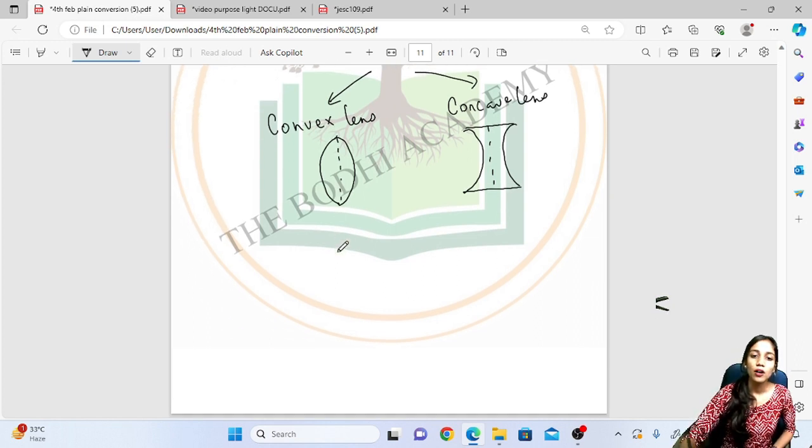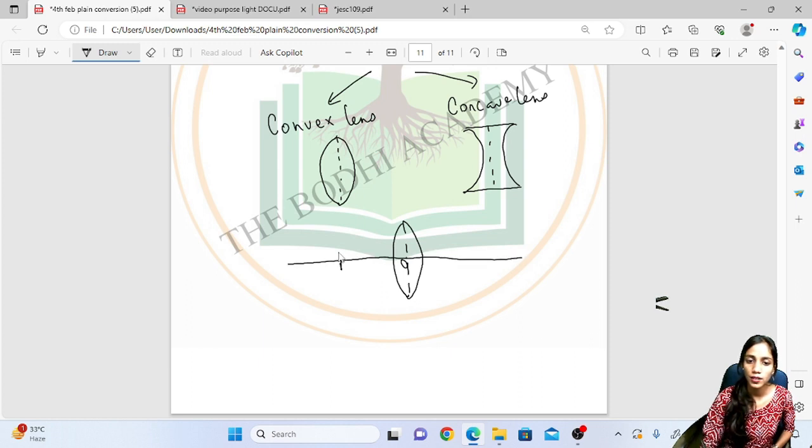Now, how is it different from a mirror? For a lens, I will just take an example of a convex lens over here. The center of the lens is called as the optical center. For a mirror, the center of the reflecting surface was called as the pole. Over here, it is called as the optical center.